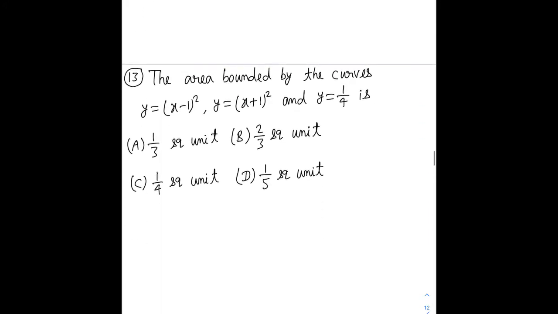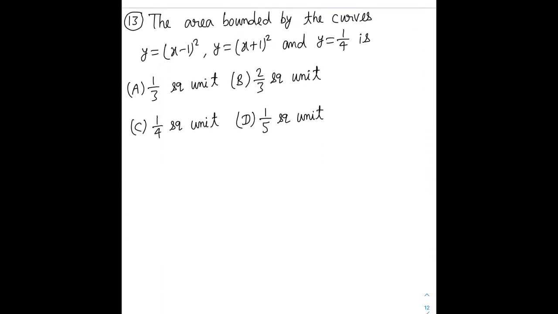Okay. Then question number 13. The area bounded by the curves y equal to x minus 1 whole square, y equal to x plus 1 whole square, and y equal to 1 by 4 is. So we can do the plotting.